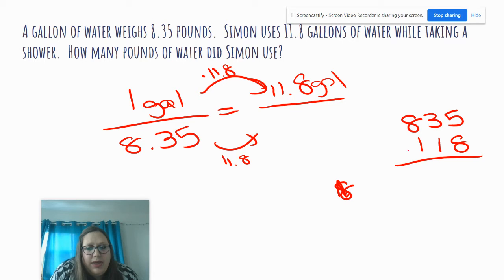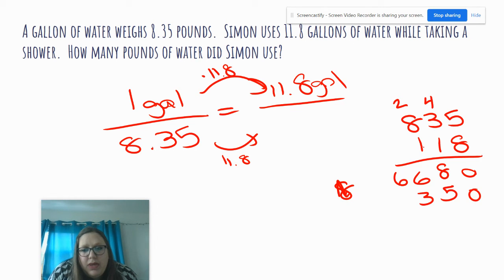Again, I'm not even writing any decimal points to start. I'm going to worry about those after. 8 times 5 is 40. 8 times 3 is 24, plus 4 is 28. 8 times 8 is 64, plus 2 is 66. Add a 0. 1 times 5 is 5.